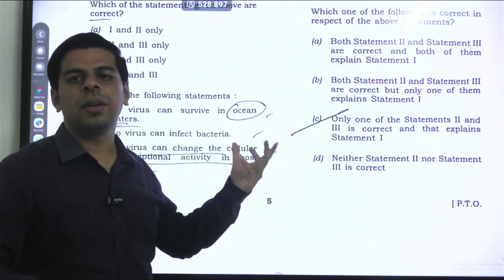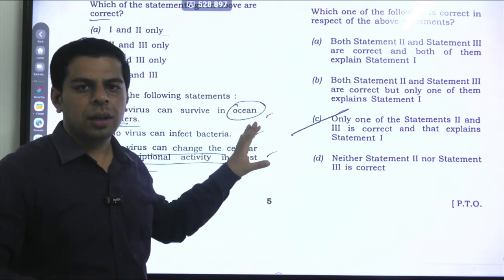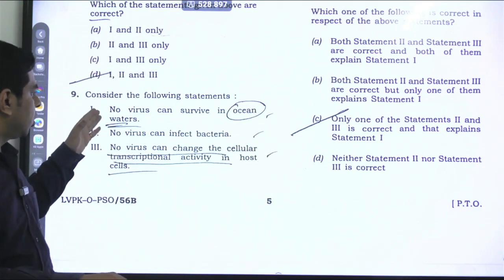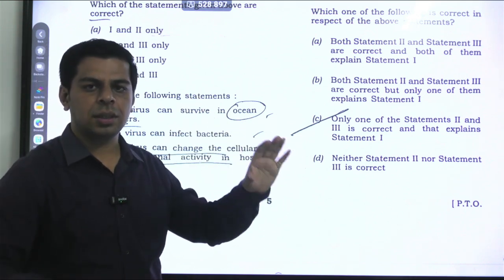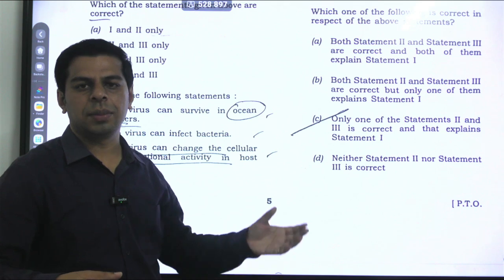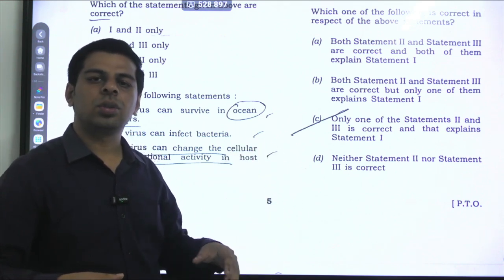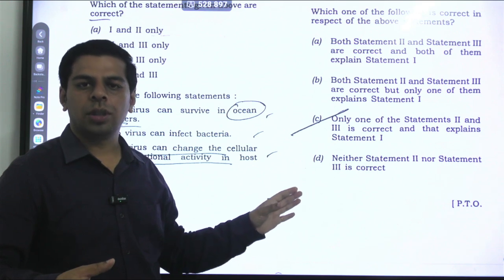So basically, my first statement says, once again, this question goes to the extreme. The word 'no' is giving you a direct alert that this question is going in the wrong direction. It says that no virus can survive in ocean water. In fact, there are a lot of viruses which have evolved, because we know in the ocean there are a lot of living organisms, right from mammals to reptiles, and the majority of the ecosystem is dominated by fishes.